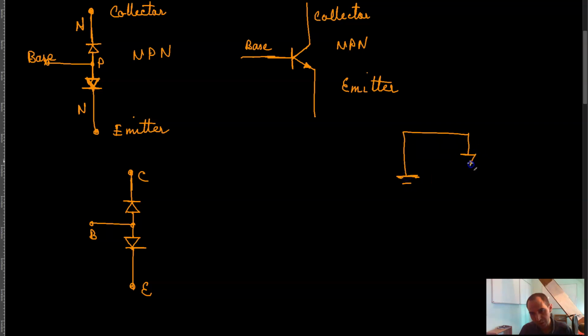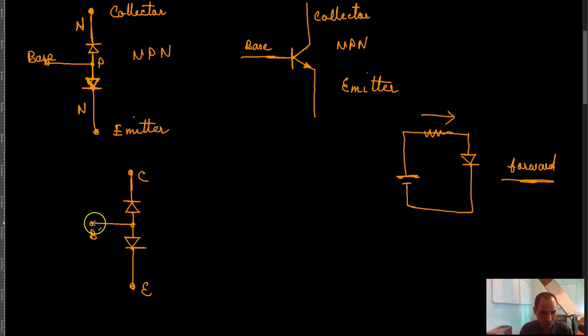Positive is connected to the anode, and negative is connected to the cathode, and of course you have to have some resistor over here. This is a forward biased diode, and when you forward bias a diode, what that means is that current is going through the circuit, right?